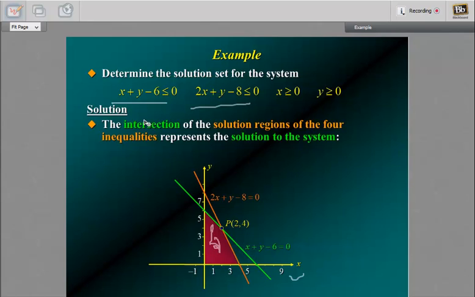So your answer is yes, it can be enclosed in a circle. If it can be enclosed in a circle, then you can say it is bounded.